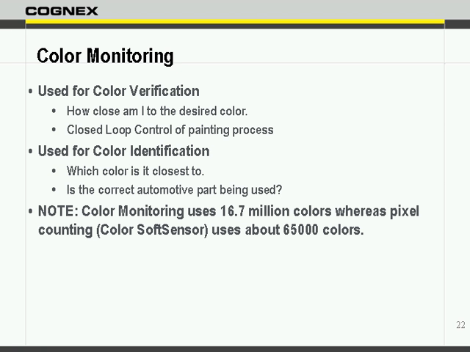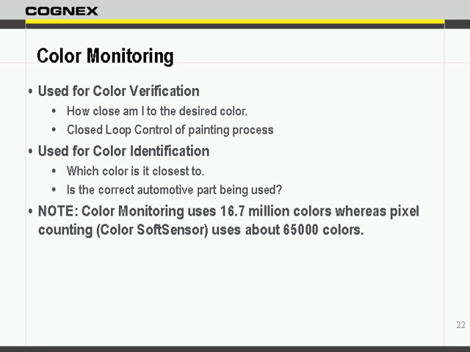How close am I to the desired color, to the color that I learned, so that we can use it as a closed loop control of painting processes or some other type of monitoring processes, where we need to figure out if our color deviates from the color that we learned to a certain extent, or above a certain limit, we need to know.